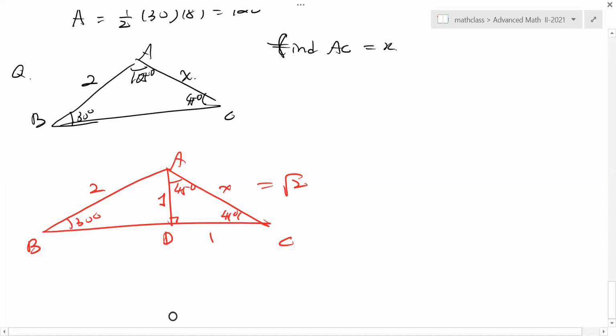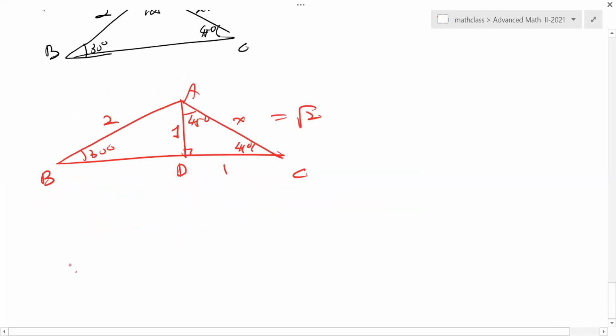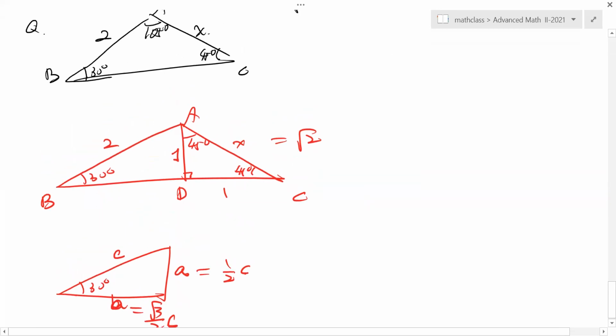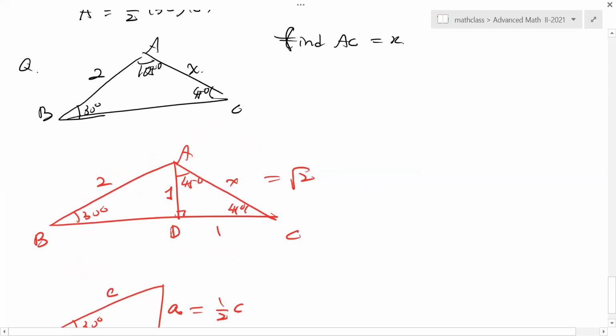Why is it 1? Hey, I said that's right. It's a 30 degree angle. If this side is A, this side is A. No, sorry. This side is C. This side is B. Okay, A is going to be half of C. B is going to be square root of 3 over 2 times C. Okay, that's coming from the special triangle.